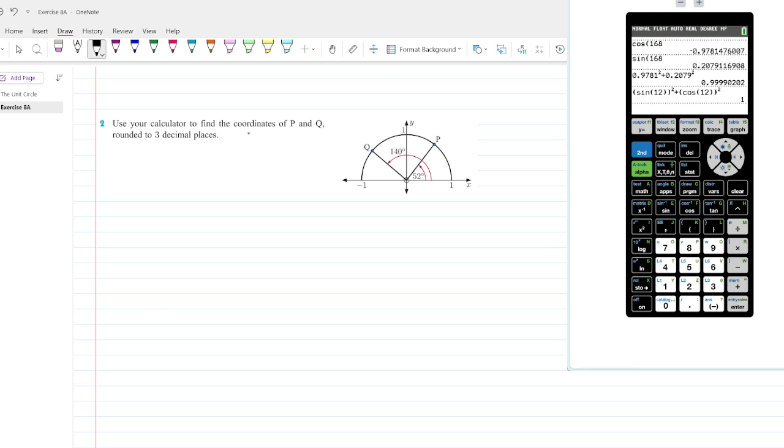Use your calculator to find the coordinates of P and Q rounded to 3 decimal places.